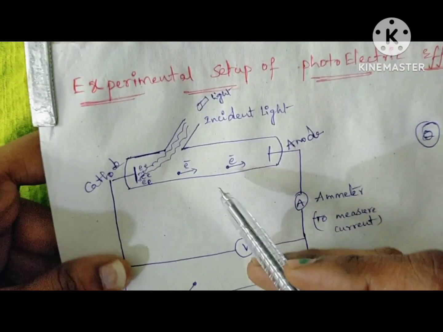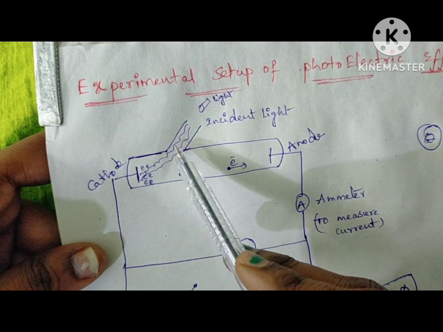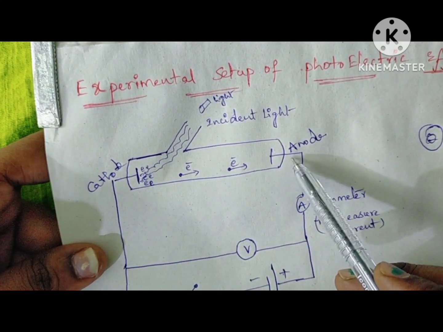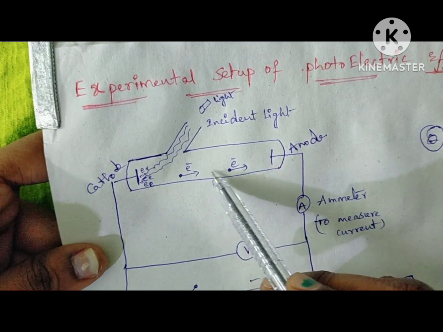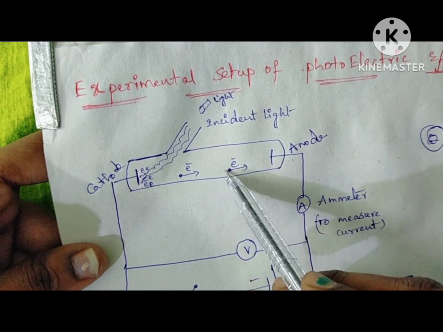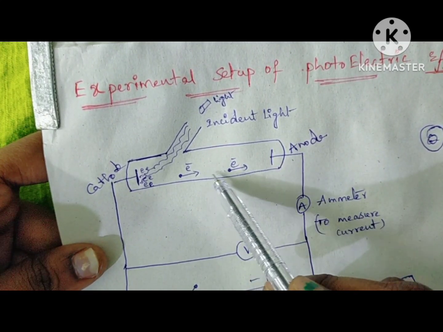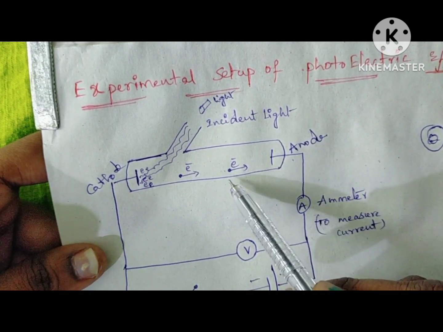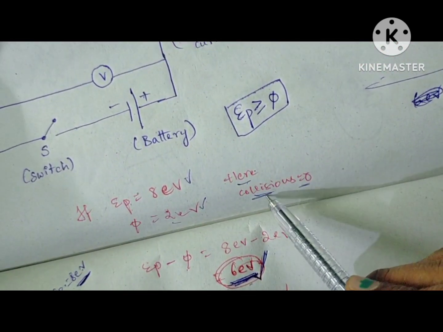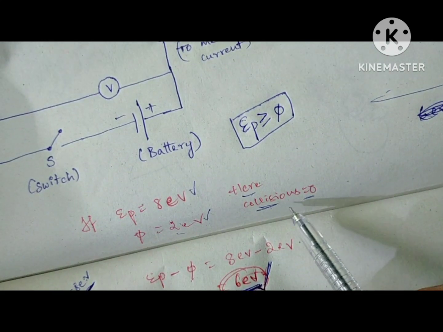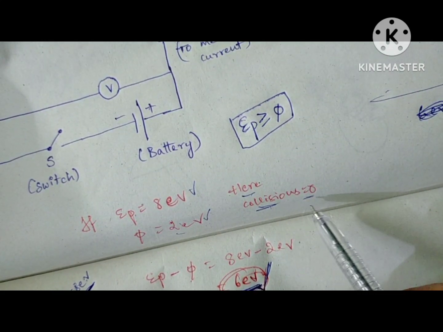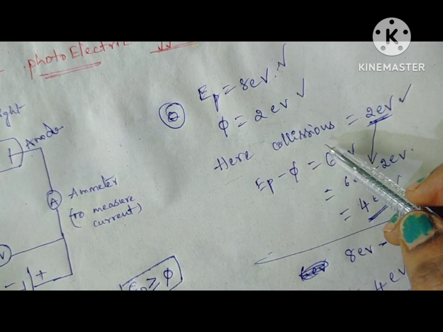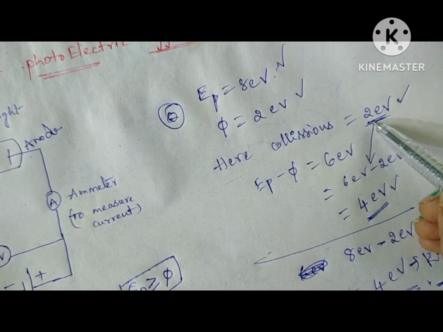That means, whenever the emitted electrons are traveling to reach the anode, there is a collision between the electrons while traveling. But in the first problem, there is no collision. That's why we took collisions as 0. So in the second problem, we are taking collisions as 2 electron volts.